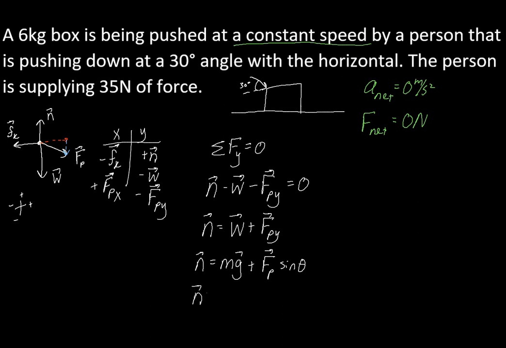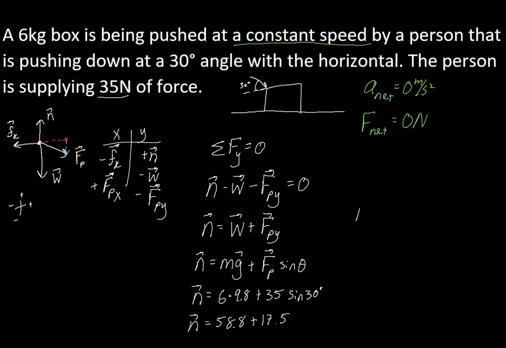So plug in some numbers. The normal force is equal to the 6 kilogram box times the acceleration due to gravity, plus the force that the person applies, 35 newtons, times the sine of the angle given. And now it's just plugging it all into the calculator. Normal force is equal to 58.8 plus, this time, 17.5.